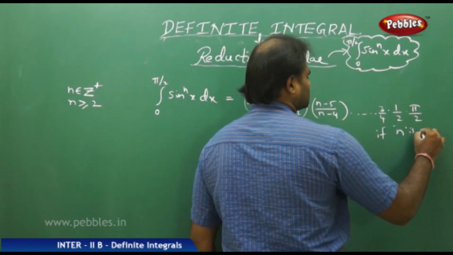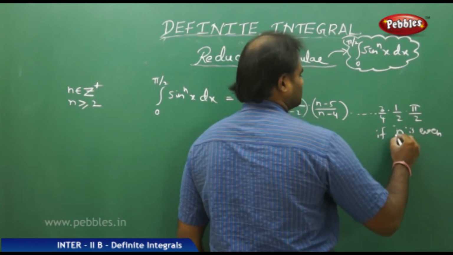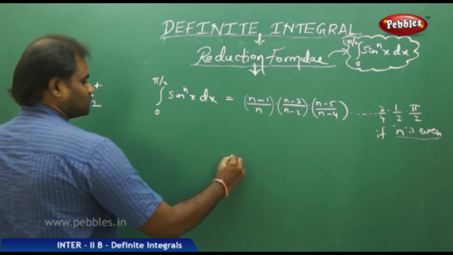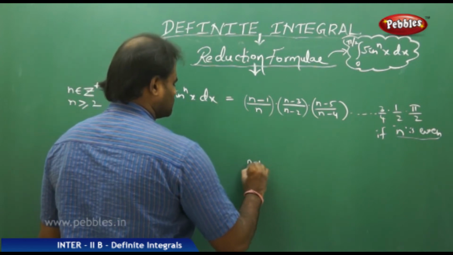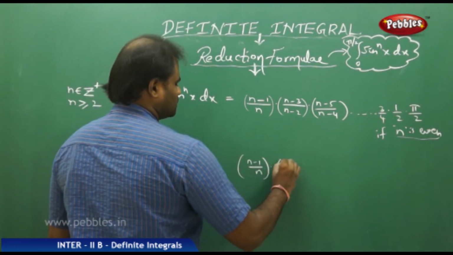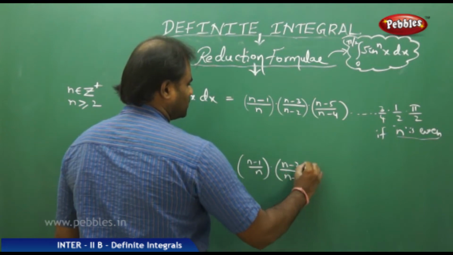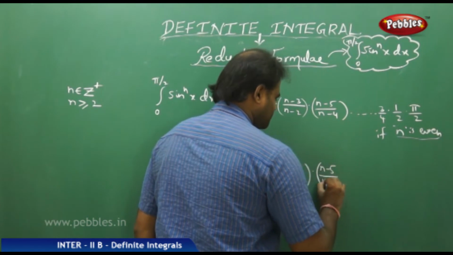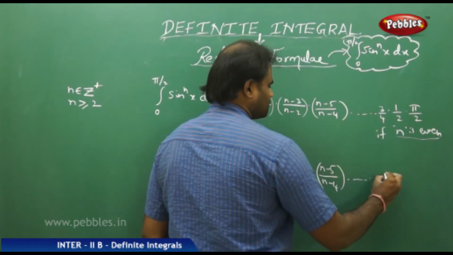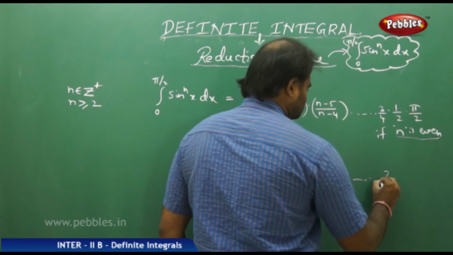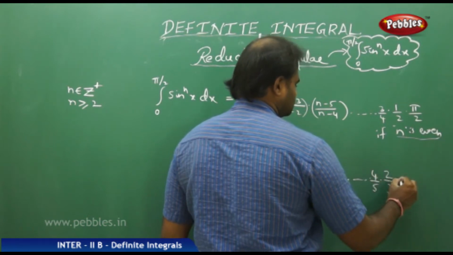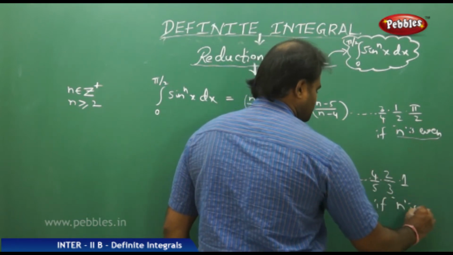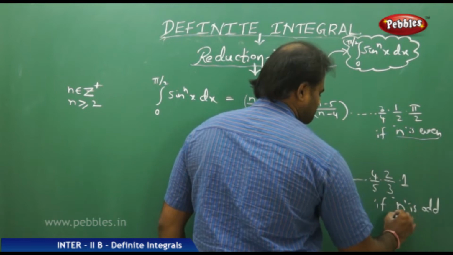if n is even. Then I have this equal to this, and this will be n minus 1 by n times n minus 3 by n minus 2 times n minus 5 by n minus 4, and so on, if n is odd.